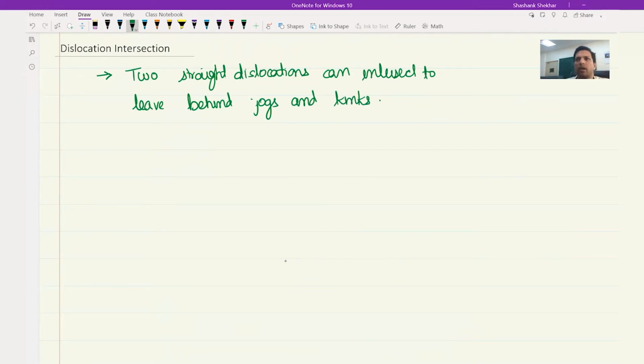Now, these extra segments in a dislocation line cost energy and hence require work done by an external force, which means that we need extra stresses to be applied, or in other words, there is hardening of the material.